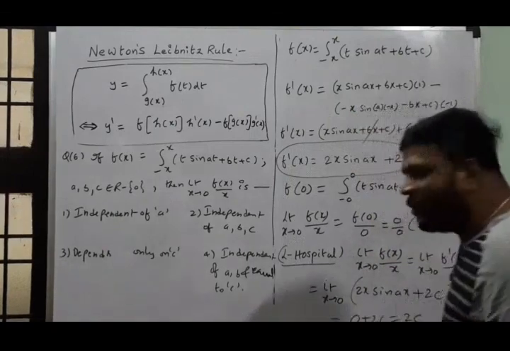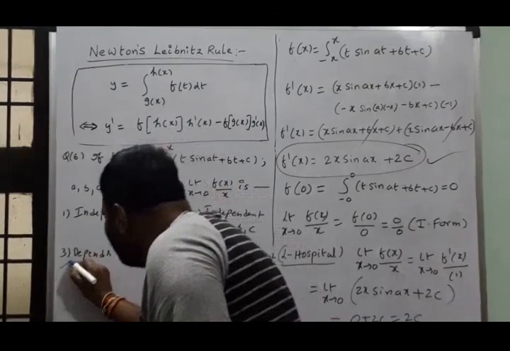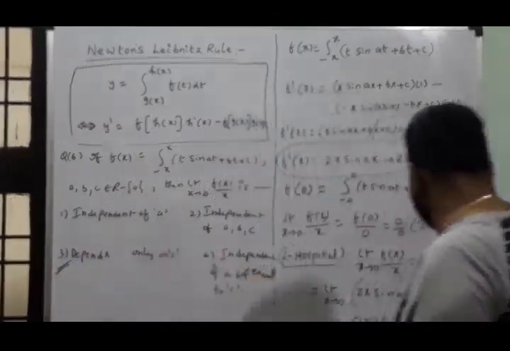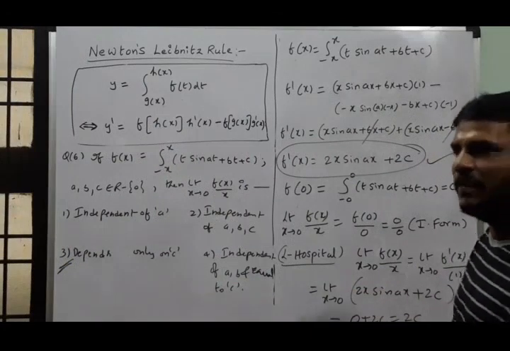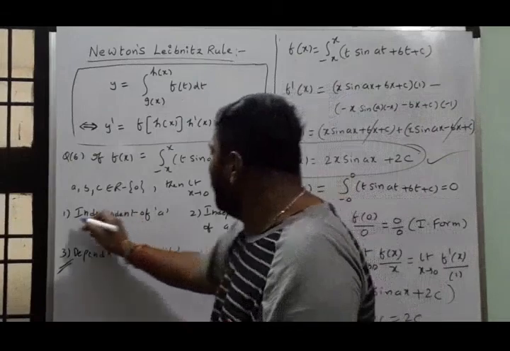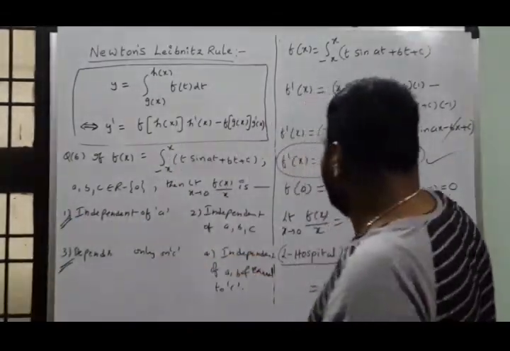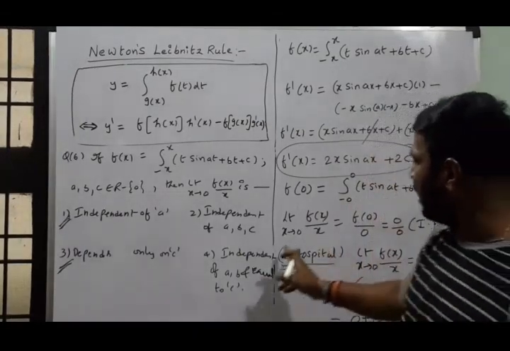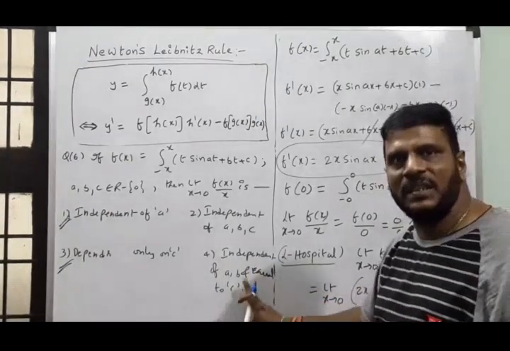Since our answer is 2c, it depends only on c. Next, our answer does not contain the a value or b value, so it is independent of a. Our answer does not contain a and b, so it is independent of a, b, but here it is given equal to c, so this is wrong.